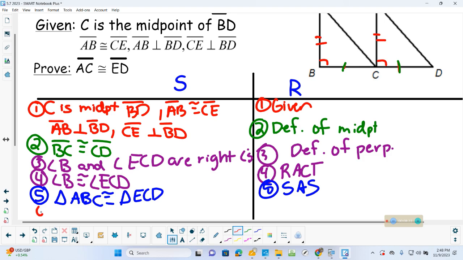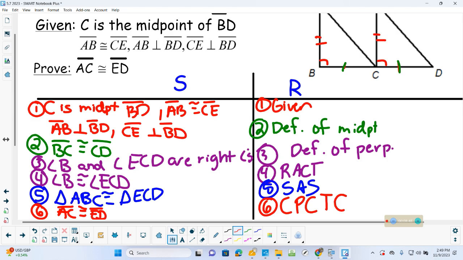So once I have the triangles are congruent, here's the new part for today. We're going to say, of course, our proof line, AC congruent to ED. Of course, we're going to abbreviate our reason on that. Corresponding parts of congruent triangles are congruent. CPCTC. Say that 5 times fast.